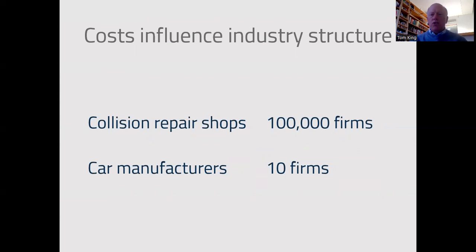Now, these two industries started at the same time, but the reason we have such different industry structure is collision repair tends to be a variable cost business, whereas car manufacturing has very high fixed costs and a substantial learning curve. So companies that make lots of cars show a reduction in per unit costs.